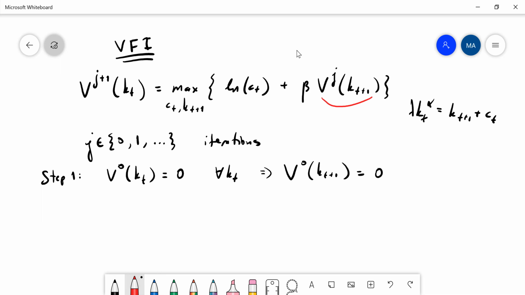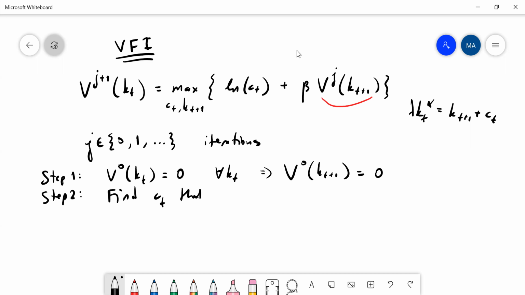So step 2: find c_t that maximizes V_1(k_t), because now the right-hand side is there. How do I find that? Well, the problem is now very simple.